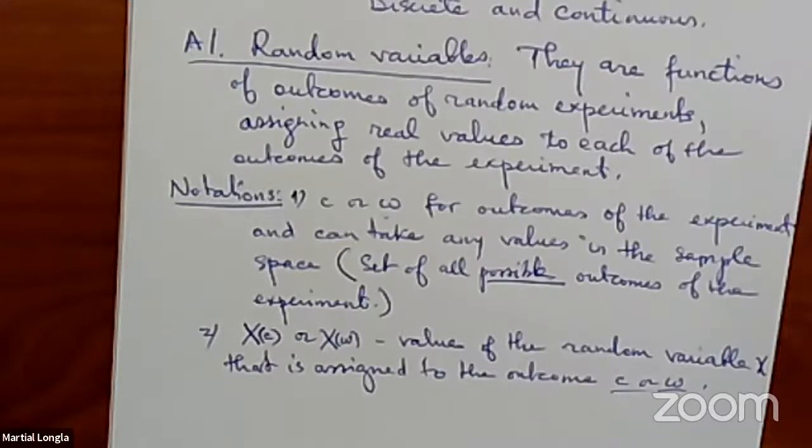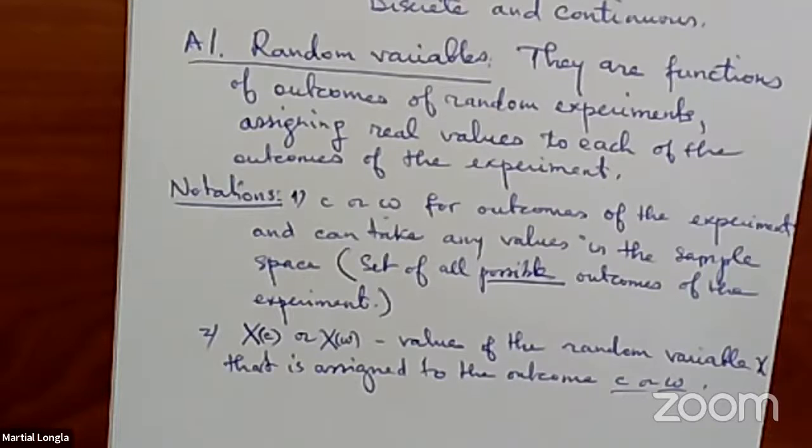Those are the values of omega. They don't have to be numbers. They can be trees, people, anything. But when you go to x of C or x of omega, those have to be real numbers.